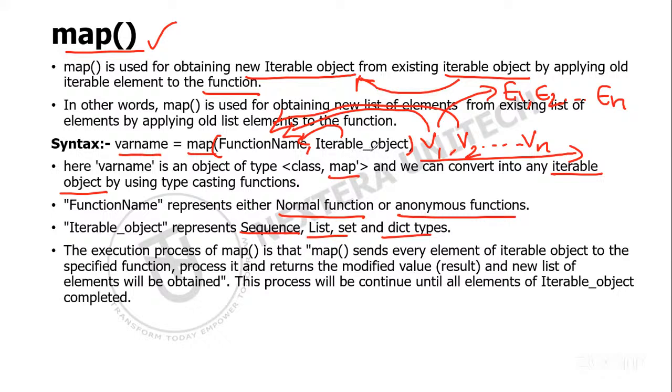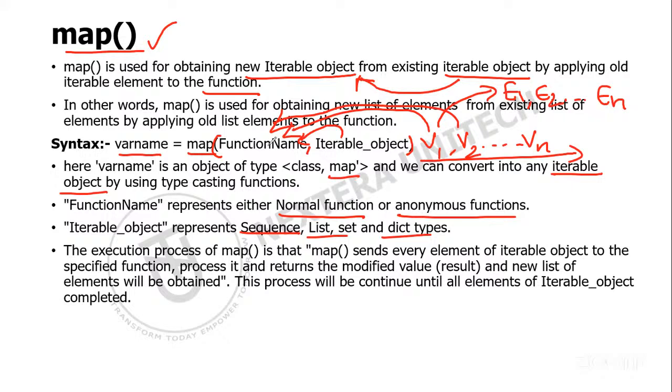The filter function is doing the same. The syntax is the same, but the purpose is different. It filters the elements where the function returns true. For any of the values, if the function returns true, they will be returned. If the function returns false, they will be ignored. But here, as we are using the map function, all the elements of the iterable object will be passed to the function.